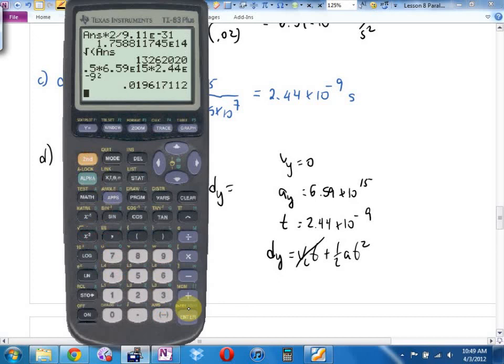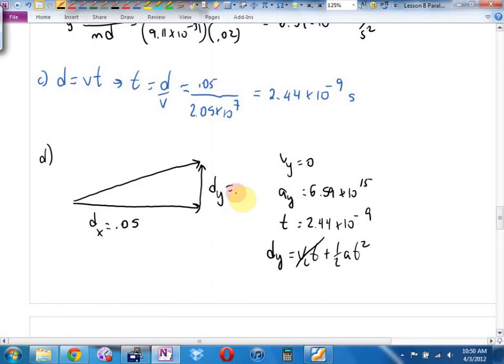It gets deflected by almost 2 centimeters. The 5 centimeters it's traveling sideways, it gets bumped by 1.96 centimeters. 0.0196.